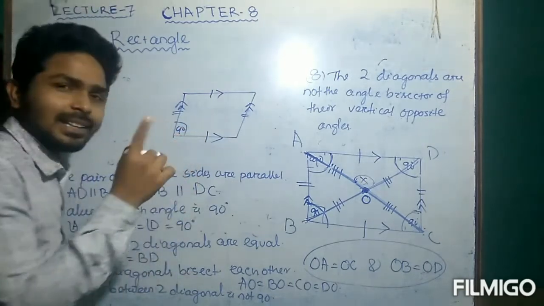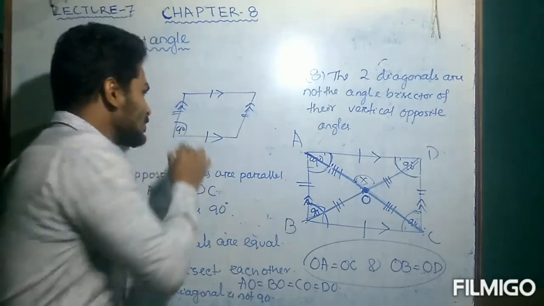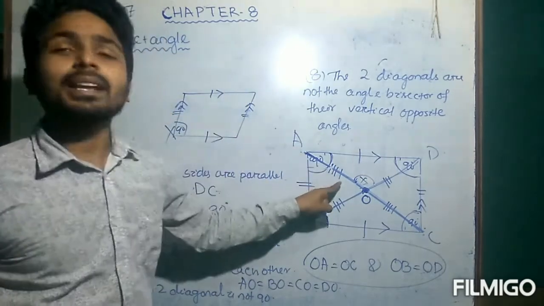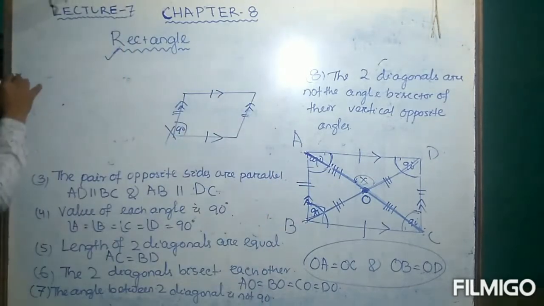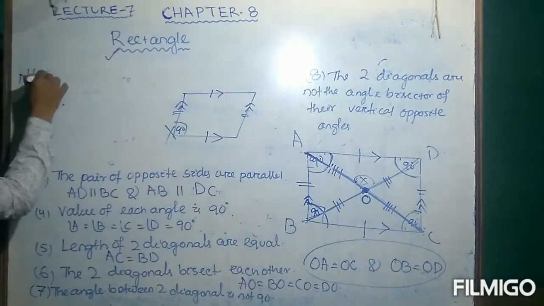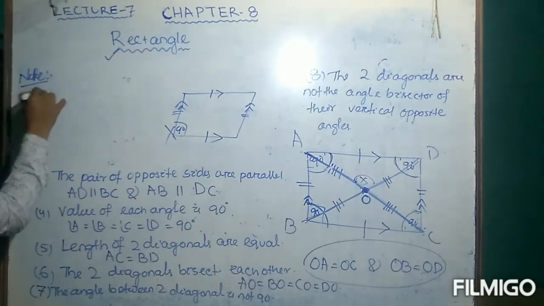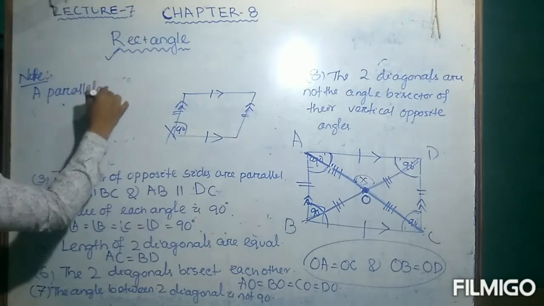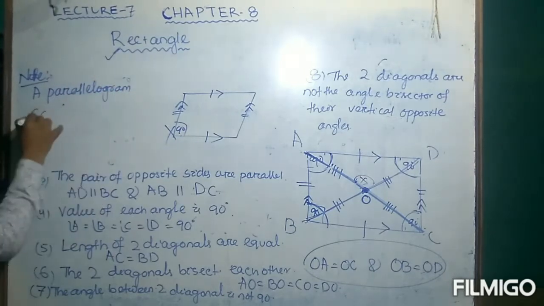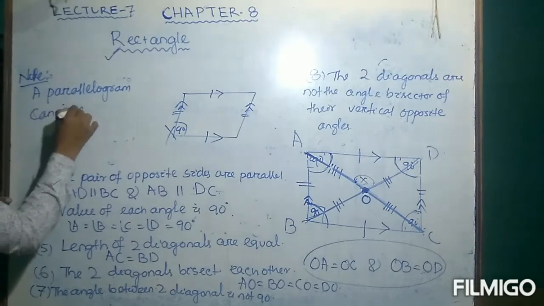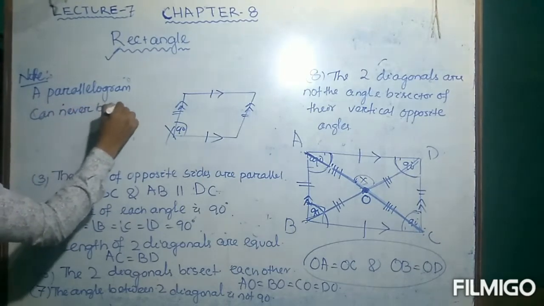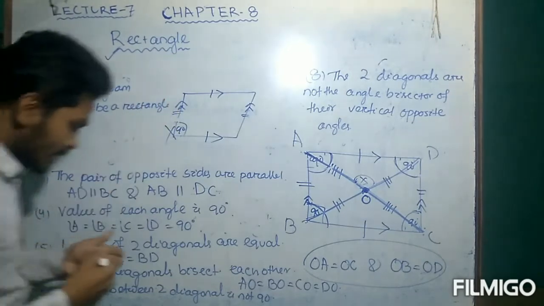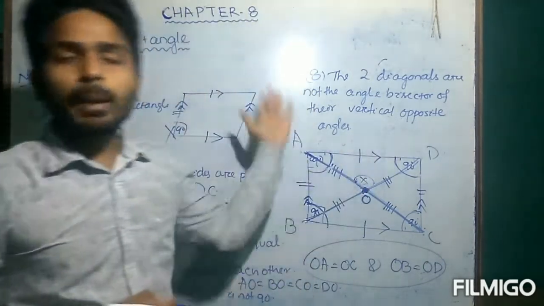No, it is not 90 degrees. That is why it can never be a rectangle. So a parallelogram can never be a rectangle. We can write it. Note: a parallelogram can never be a rectangle. Understood?